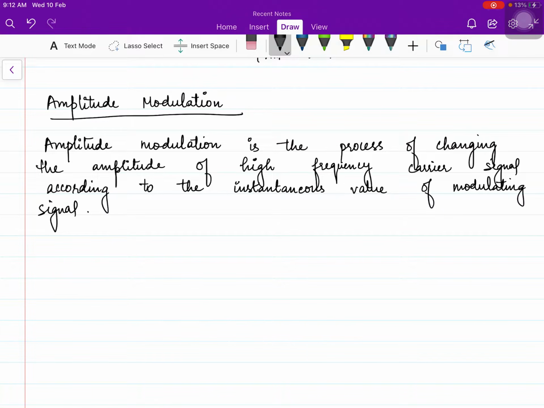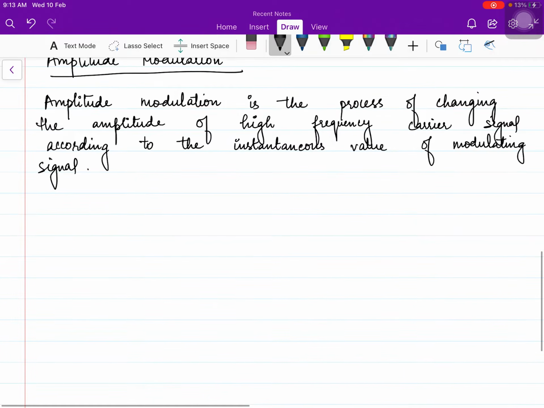And you are not simply saying according to the message signal, but according to the instantaneous value of the message signal, which means that at that particular instant of time, whatever the value of the message signal, according to that the carrier amplitude will change.